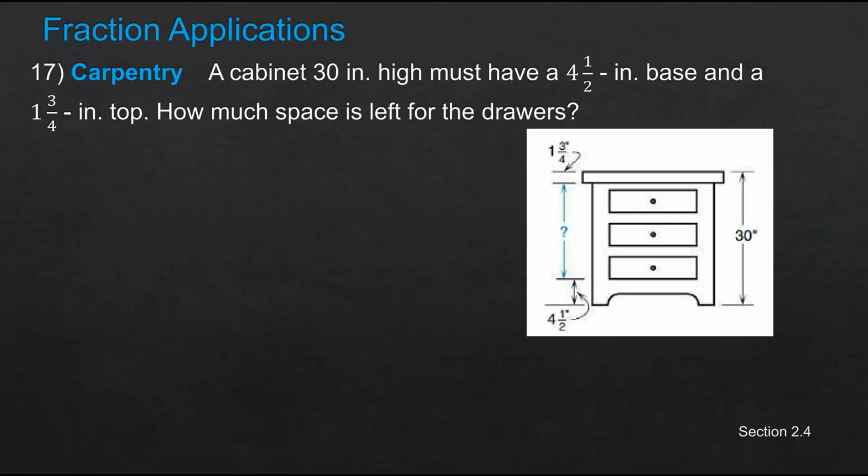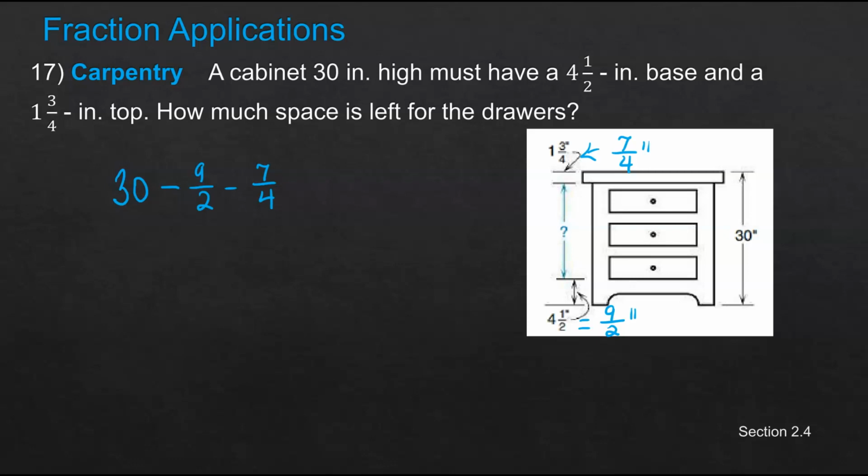We have to take out the top piece and this bottom piece, and that leaves us the drawers, so it is subtraction. We're going to take 30 minus, now 4.5 is 9/2 of an inch. And then 1 3/4 is 7/4 of an inch.